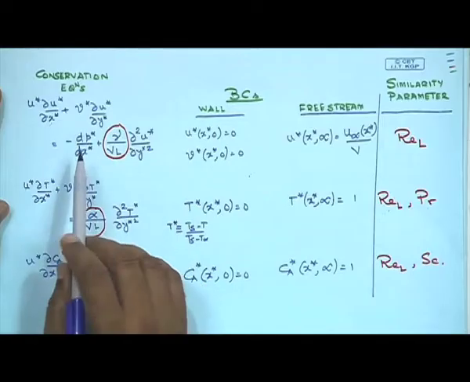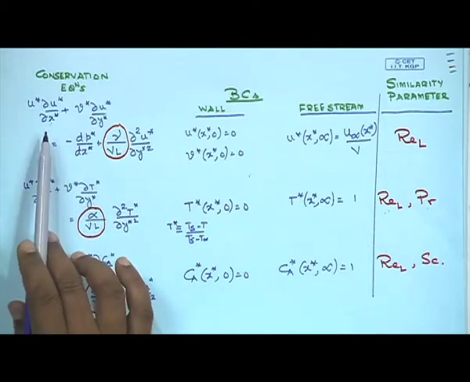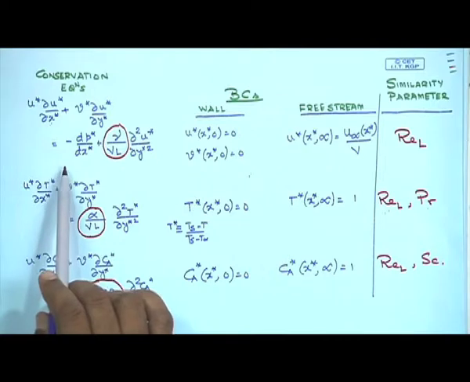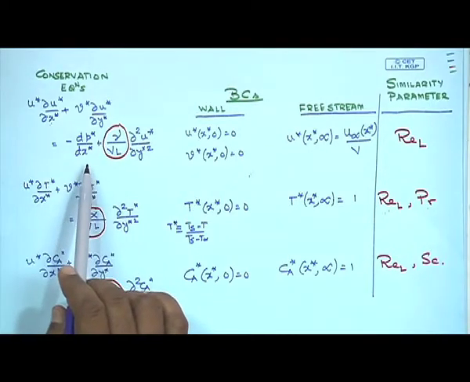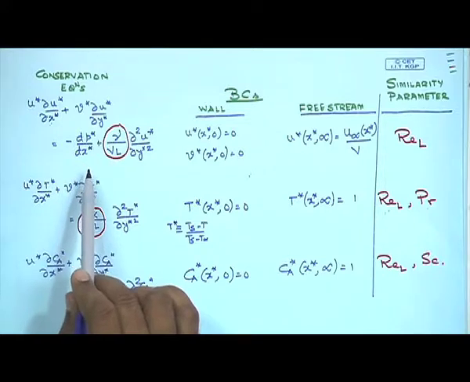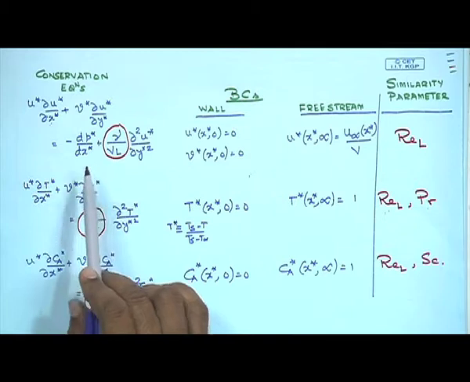So, this is what we have seen, starting with the conservation equation for momentum transfer, the Navier-Stokes equation, the x component of the Navier-Stokes equation written for flow inside the boundary layer, utilizing all the assumptions and approximations, the boundary layer approximations that I have discussed before.